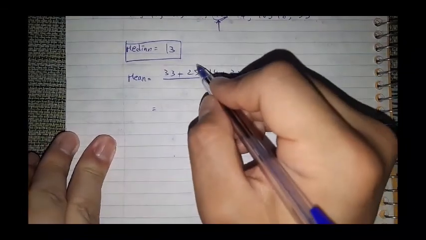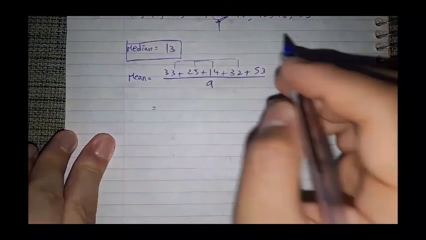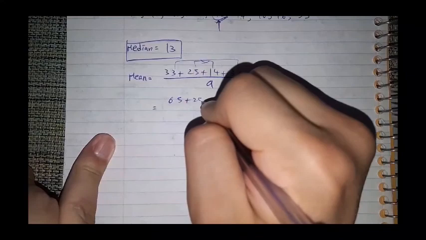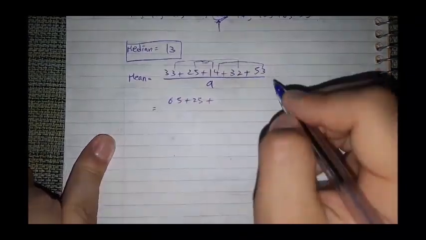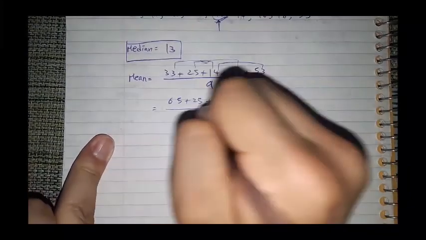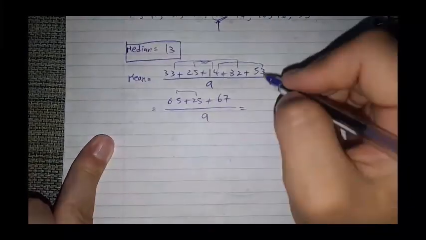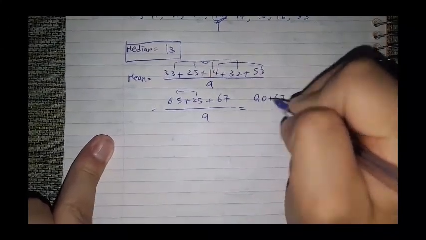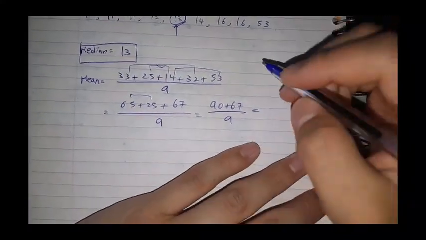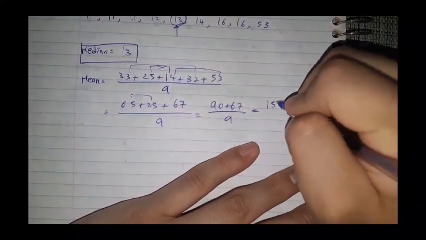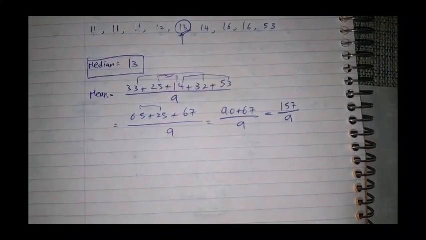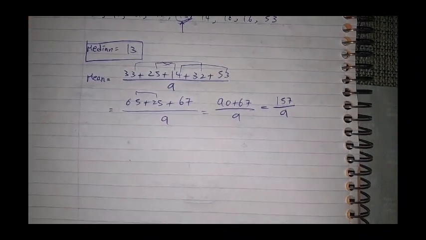Let's see. 33 and 32, that's 65. Actually, 25, let's leave it because it ends with 5. 14 and 53, 67. These two turn out to be 90. And I'm doing everything in mental math. You don't have to at that point. 157 divided by 9 is what we need to do.